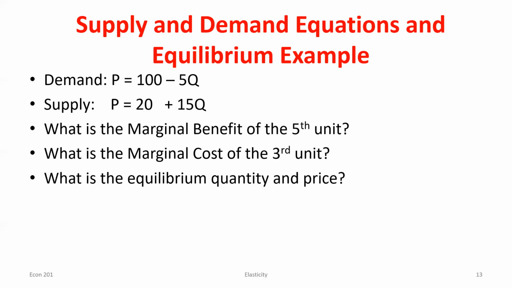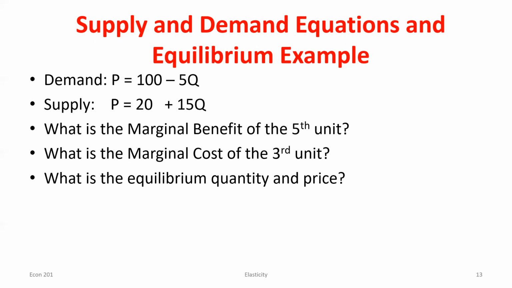Just like with demand, when I'm looking at my supply curve, 20 plus 15, I can also think about this price as telling me that people only provide this to the market if the price is greater than or equal to their marginal cost. So I can think about the price as really just reflecting the marginal cost from the supply curve.